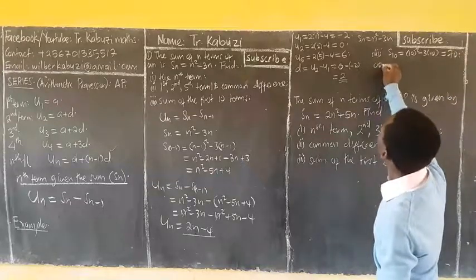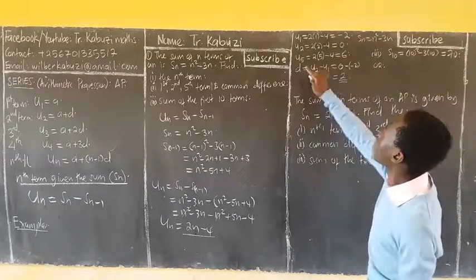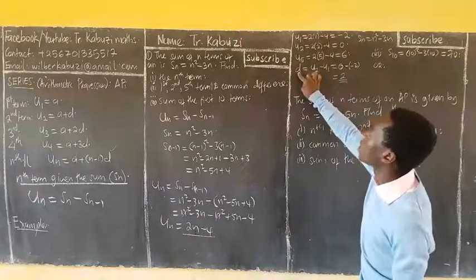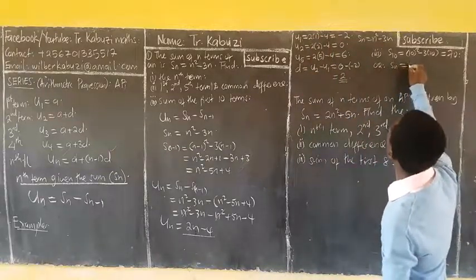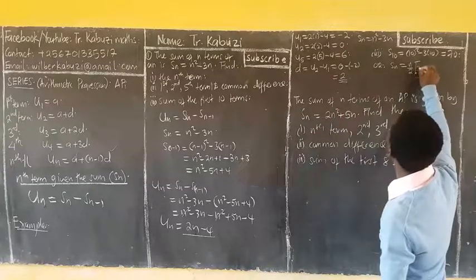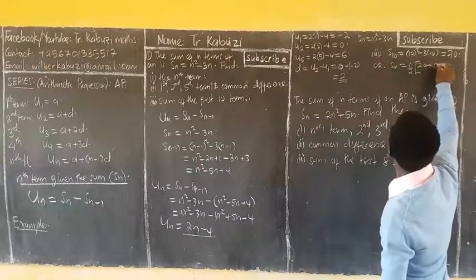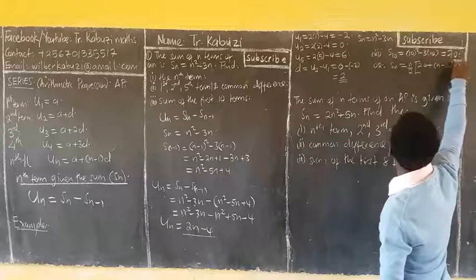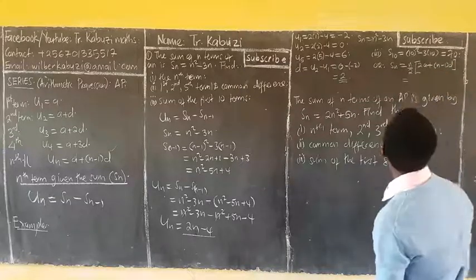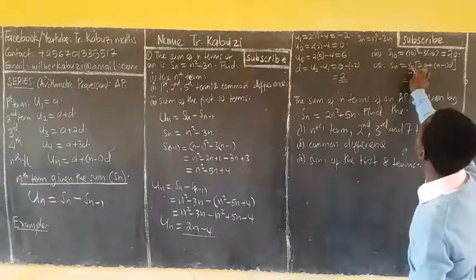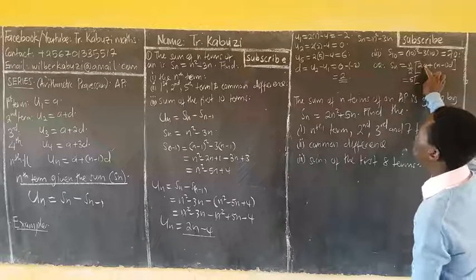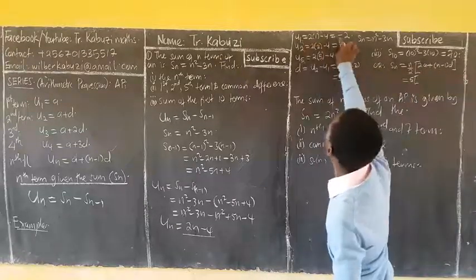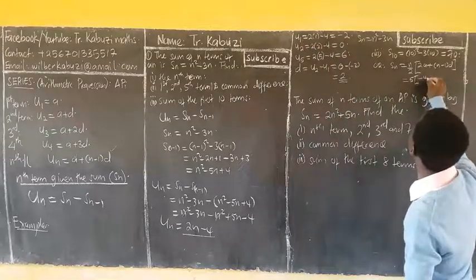Or you can use, because here you have our first term, which is a, we have also the common difference, the other formula of Sn, n over 2 into 2a plus n minus 1 into d. So our n over 2, 10 divided by 2 will be 5, into 2. Now our first term here is negative 2, so it's negative 4.